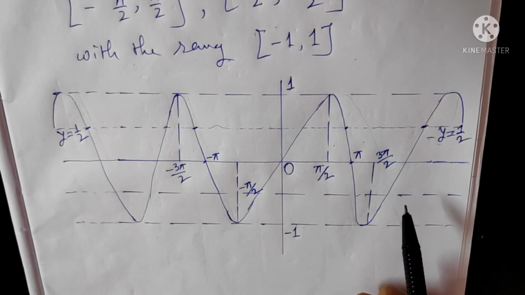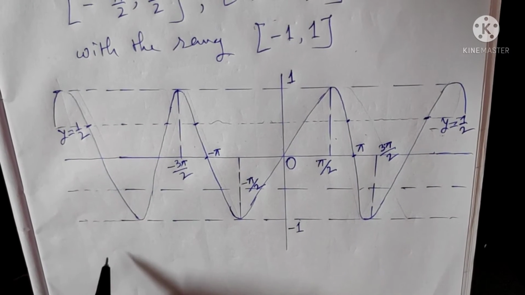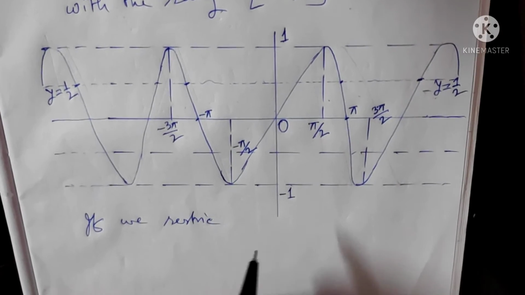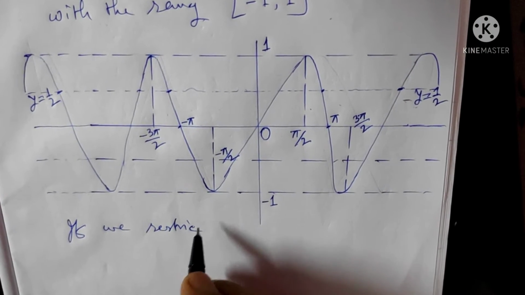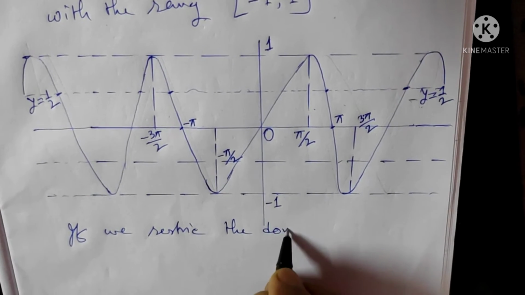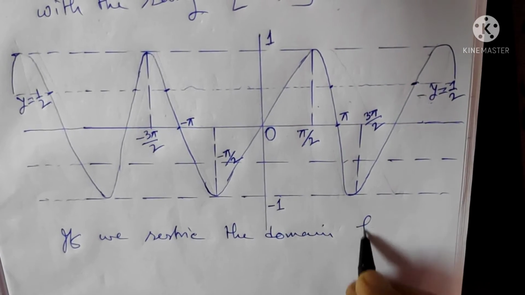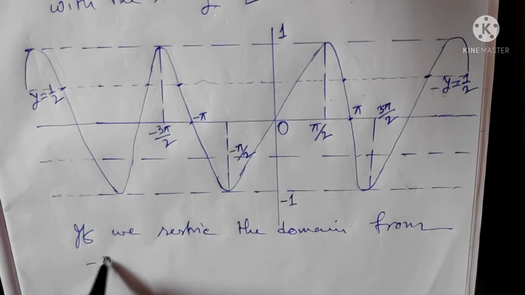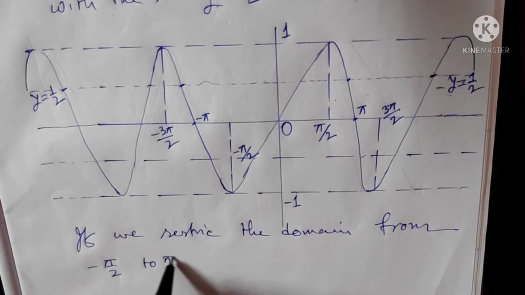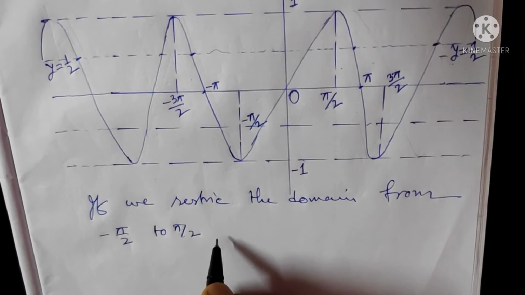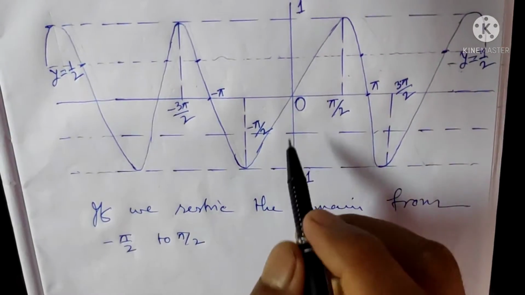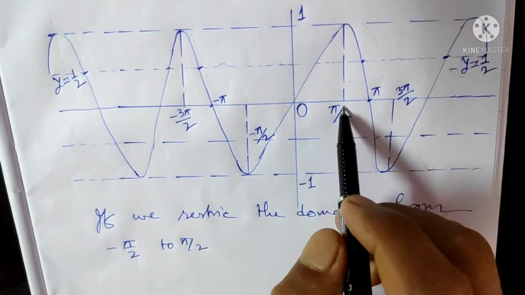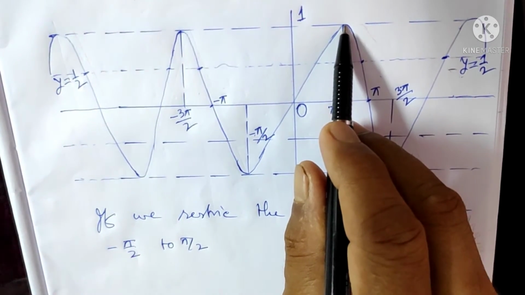If we restrict the domain from minus pi by 2 to pi by 2, f is strictly increasing and is one-one. It takes each value in the range only at one point.